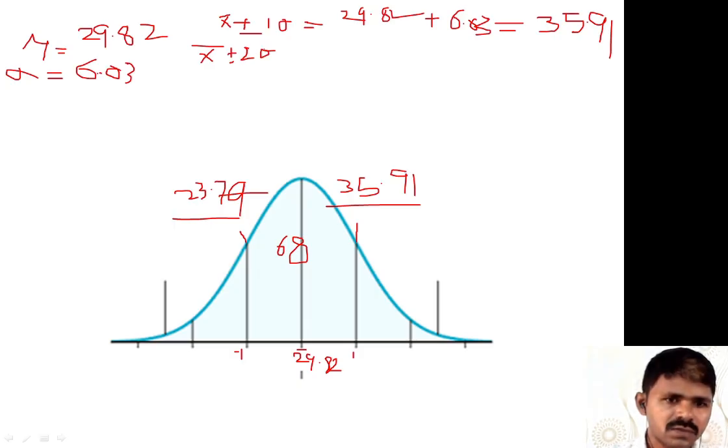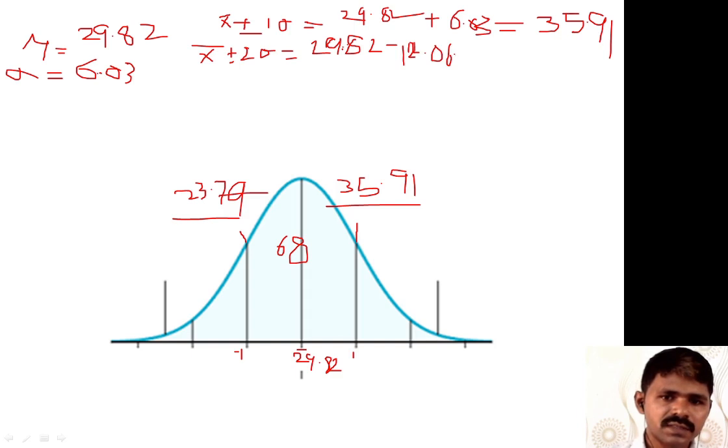Here the mean is 29.82, and 2 into 6.03 comes to 12.06.